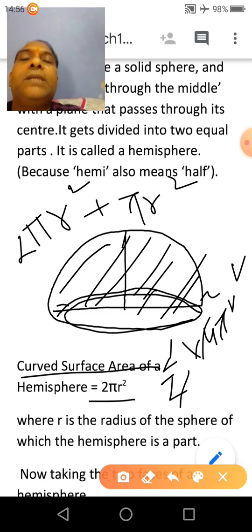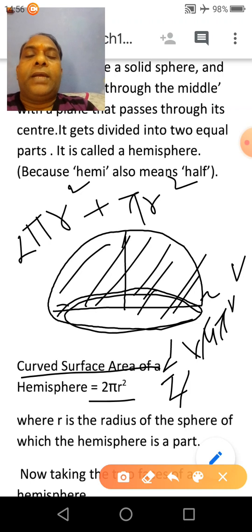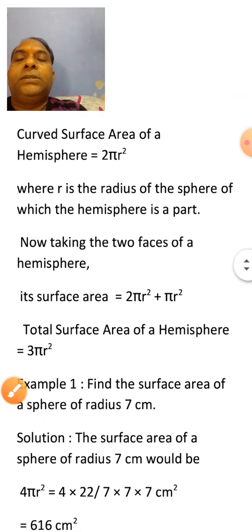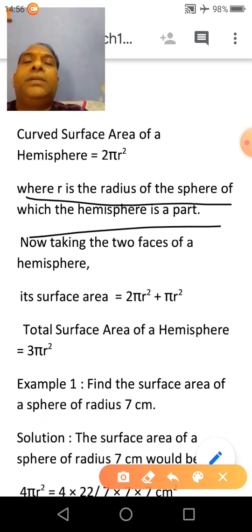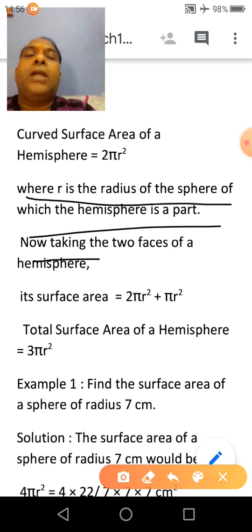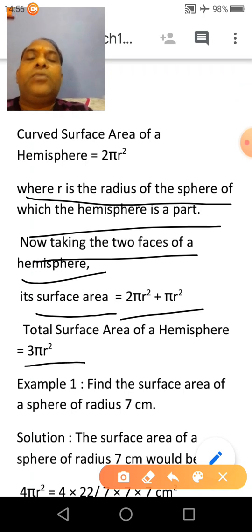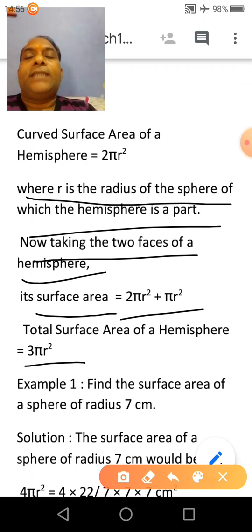So total surface area of hemisphere will be equal to 3 pi R square, where R is the radius of the sphere which the hemisphere is a part. Now taking two faces of a hemisphere, so surface area will be, total surface area of hemisphere is equal to 3 pi R square. Clear? Now see the example.